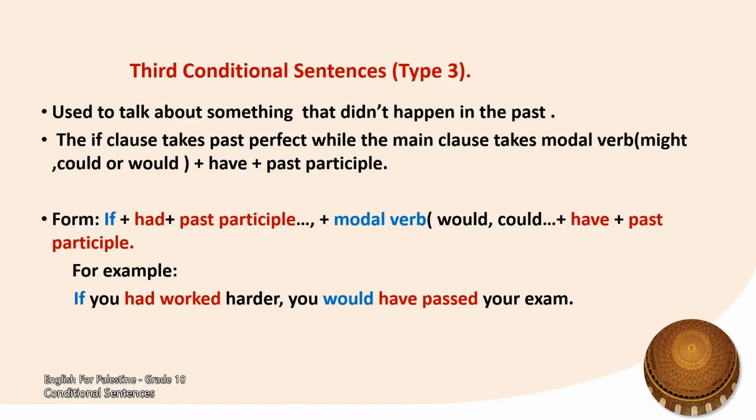Third conditional sentences type 3 used to talk about something that didn't happen in the past. The if clause takes past perfect, had plus verb 3, while the main clause takes modal verb, might, would, could, plus have, plus past participle or verb 3.